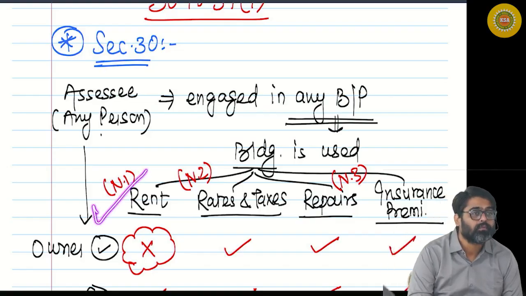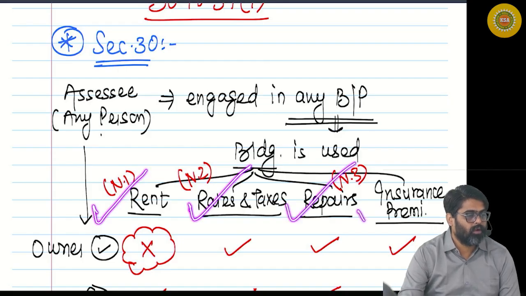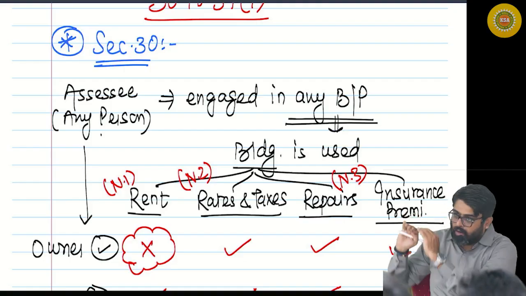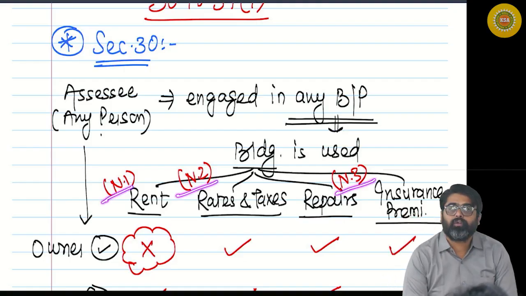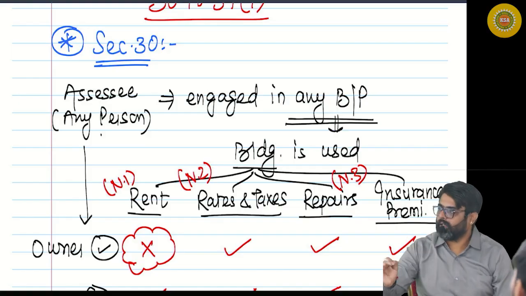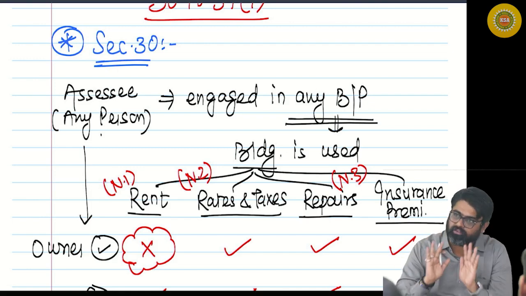Number 1, number 2, number 3, number 4. Today at home, you read all these things. I have given some notes. Just go through these notes. That's it. You'll understand. But in this section, only this much information is sufficient.